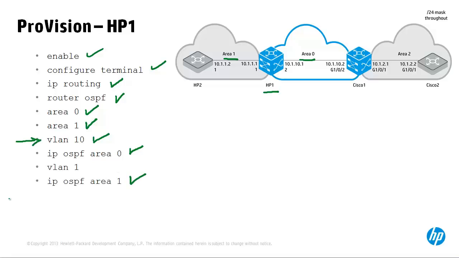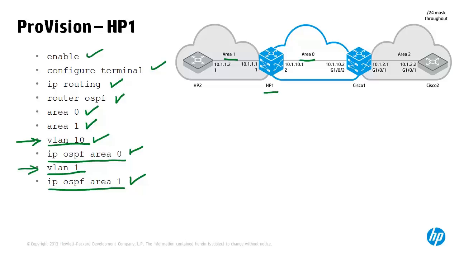The command ip ospf area 1 enables OSPF on VLAN 1. Make sure that you select the VLAN and then type ip ospf area and the relevant area. So once again, VLAN 1, ip ospf area 1. On newer versions of HP Provision software, OSPF has to be explicitly enabled.